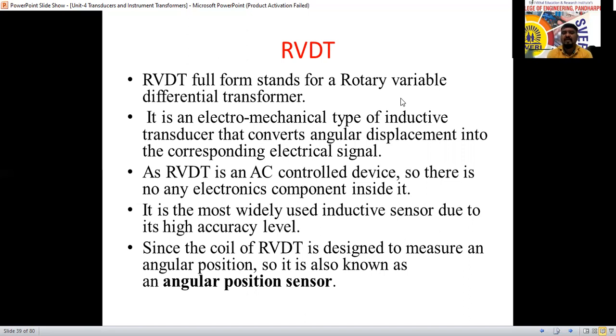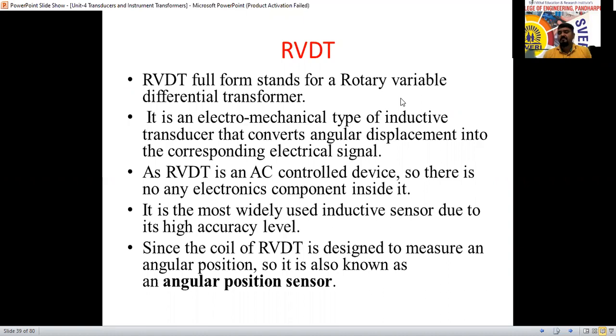It is an electromechanical type of inductive transducer that converts angular displacement into the corresponding electrical signal.